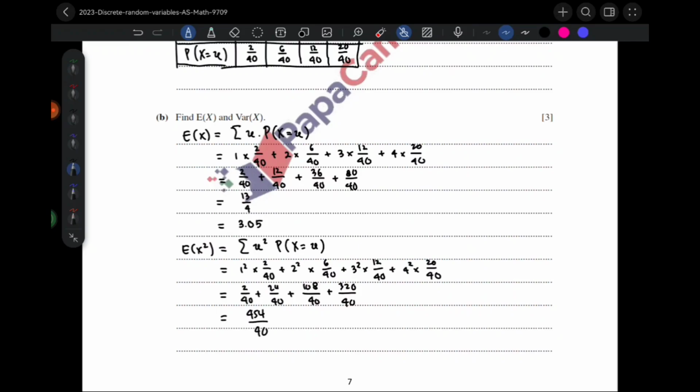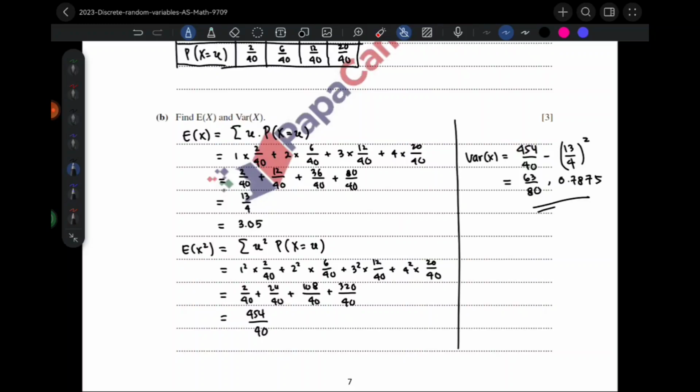out of 40. And then for the variance itself, this equals E(X squared) minus E(X) all squared. So we have 13 over 4 squared, and this gives you 63 over 80, or 0.7875.